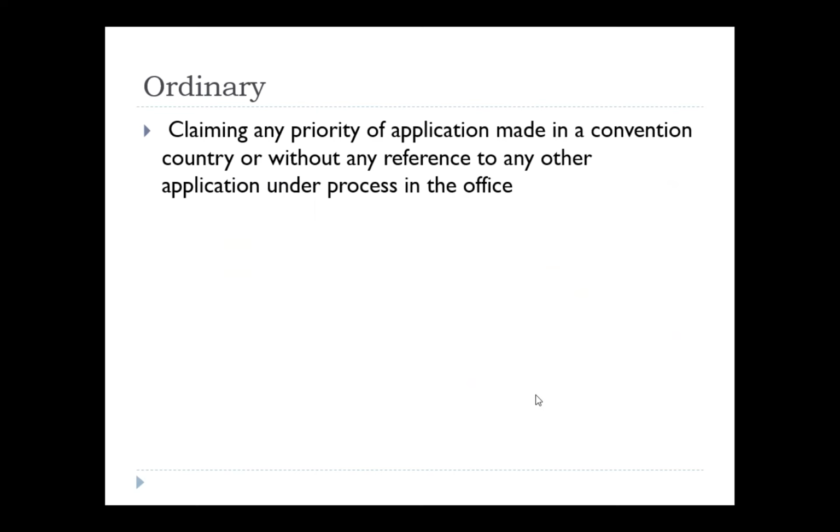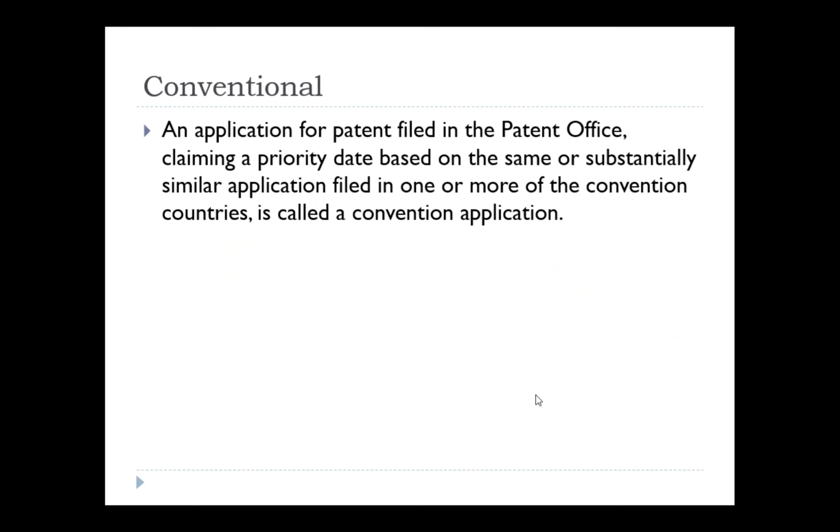That it can be claimed only in the first phase, that is, only the first time we file the ordinary application. For any other, we need a reference. Or you can have it this way: if you are going for other countries, for sure you need to give the references. Only the first-time application is termed an ordinary application. We have discussed this as conventional as well. It is the foreign filing other than India.